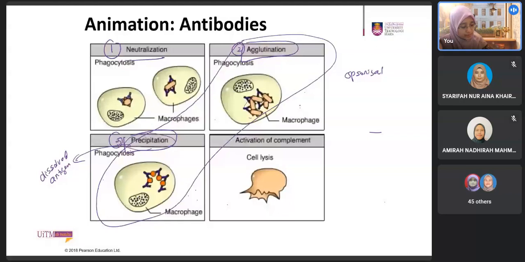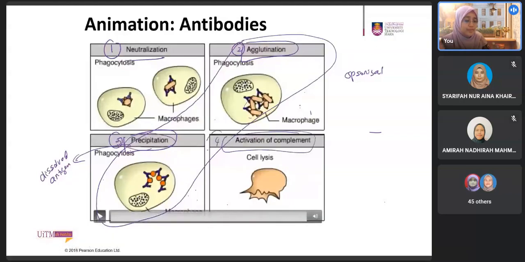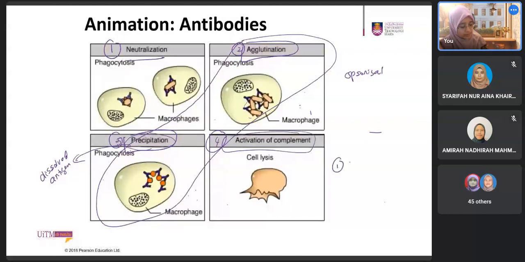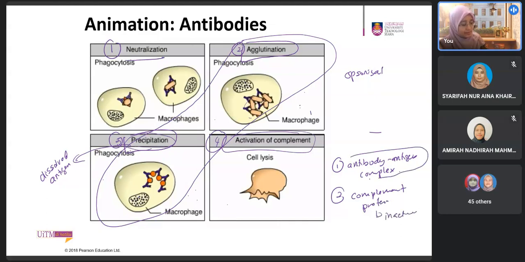And then the fourth is the activation of the complement system. So you have the interaction, which is earlier what? Antibody-antigen complex. And then this complex will bind with the circulating complement protein, which is initially inactive. When it binds to this antigen-antibody complex, it activates the complement protein to form pores on the plasma membrane of the pathogen.